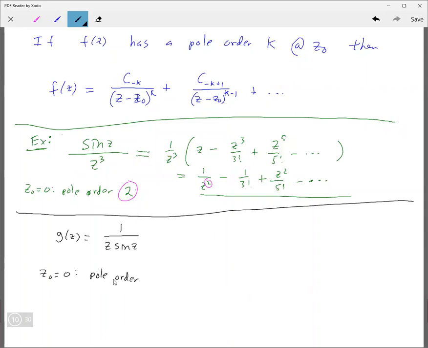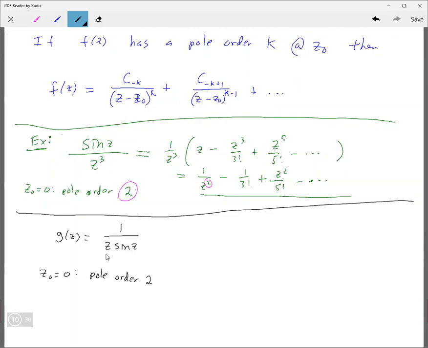Is it 2? Yes, that's 2. Because sine z is generally going to generate orders of 1 on the poles or zeros. If it's in the numerator, it's going to generate zeros of order 1. If it's in the denominator, it's going to generate poles of order 1.